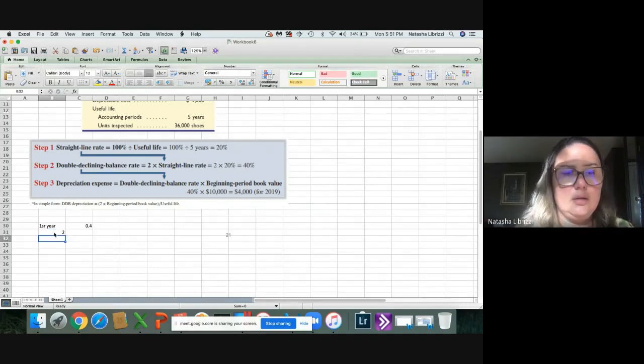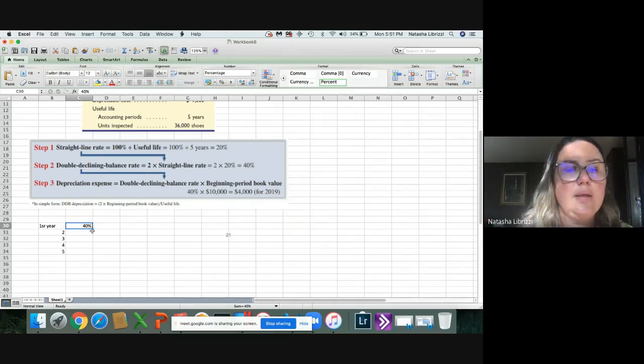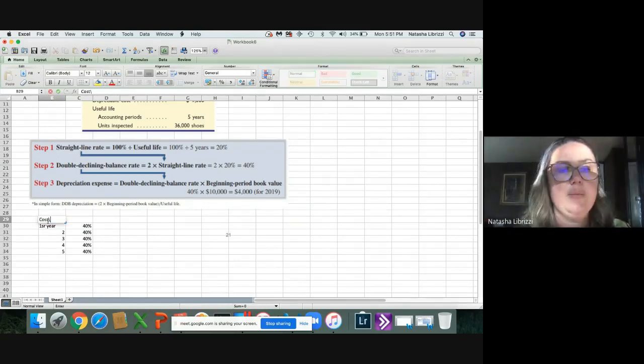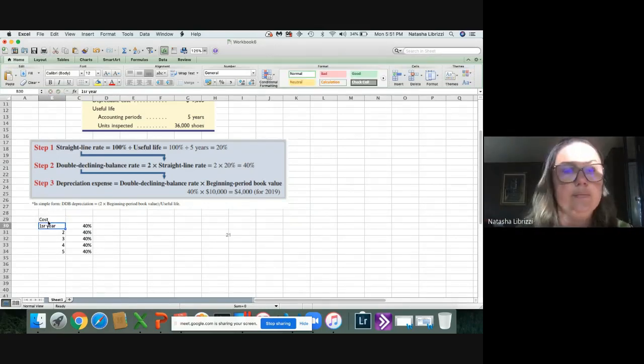So second, third, fourth, fifth. And this is my percentages. That does not change. And this is my cost. So maybe I'll start with that. Or book value. Let's call it book value.